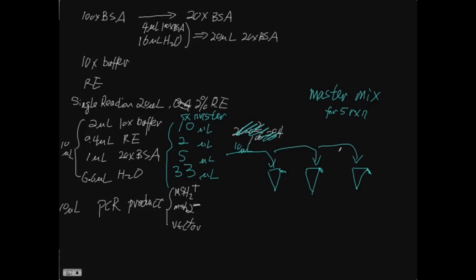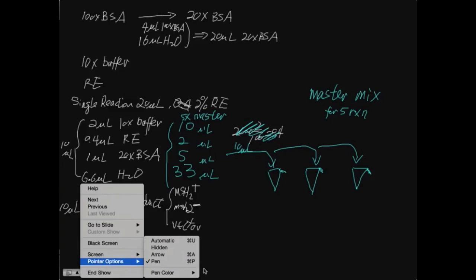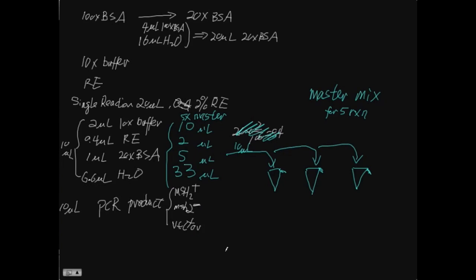The goal is to determine which one is MSH2 plus, which one is mutant, which is vector. And then you should add 10 microliter of master mix to each tube, and then add 10 microliter of the PCR product to each tube. So that's for the restriction enzyme reaction for each sample.